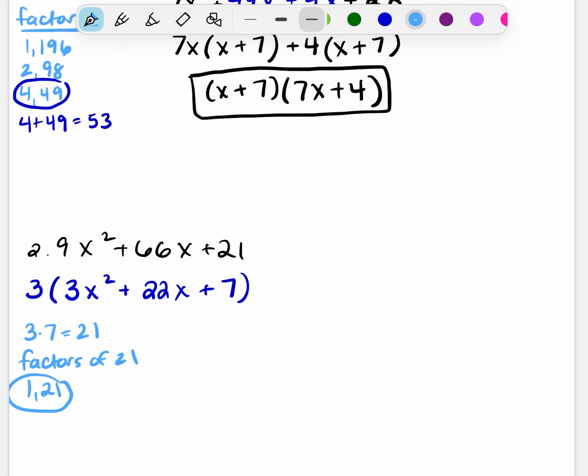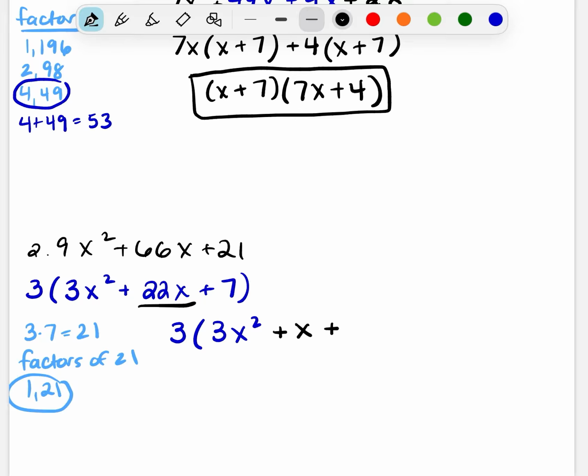So I've got my 3 out front. I'm going to keep 3x squared, but I'm going to split up this middle term, this b term of 22, into x plus 21x, and I'll keep the plus 7 in the back.